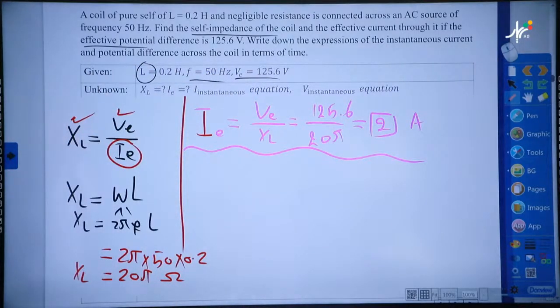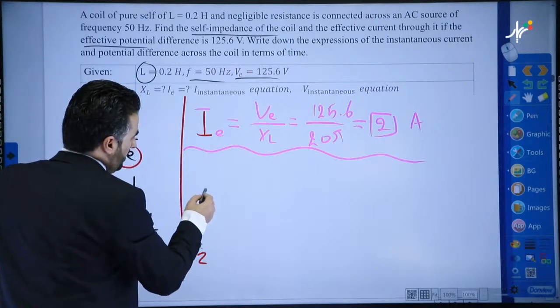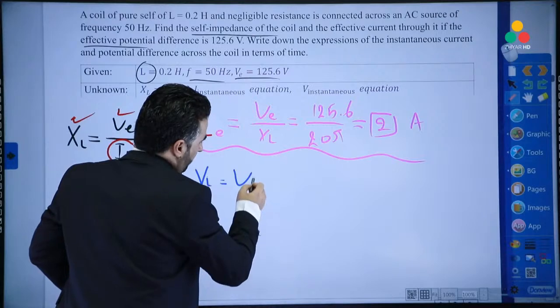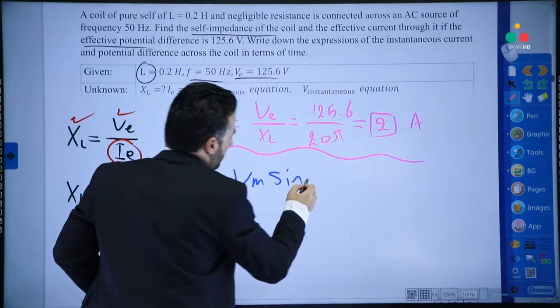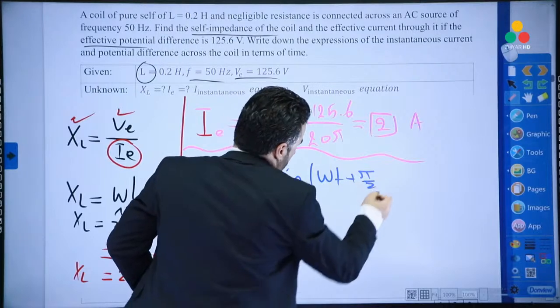Let me write it down so that you know more of what I mean here. For the instantaneous voltage here, that is V sub L, it is going to be V max sine omega t plus pi over 2. That is one way.